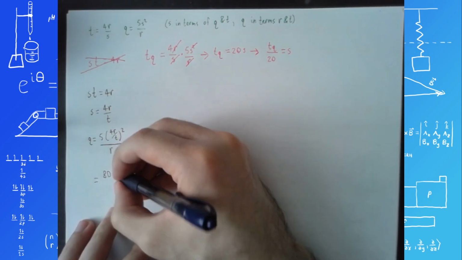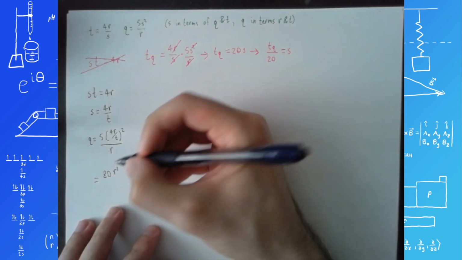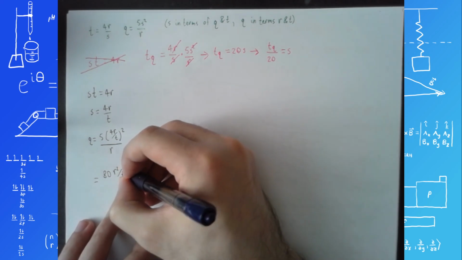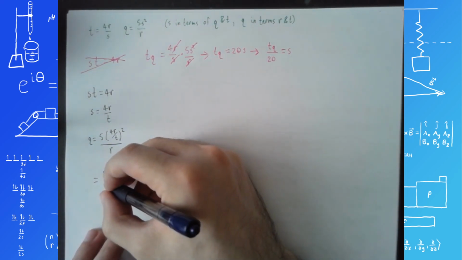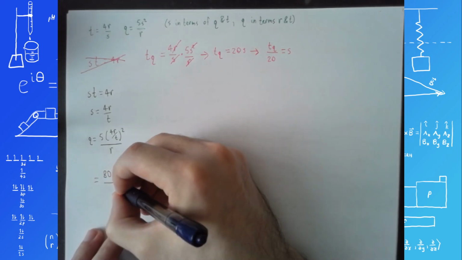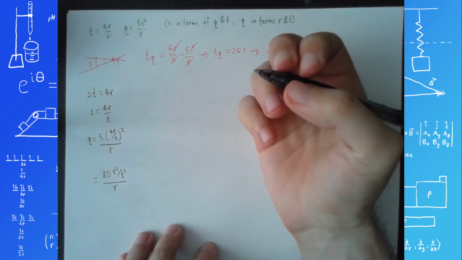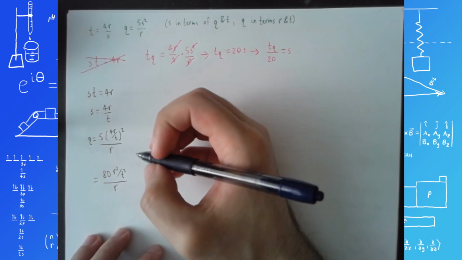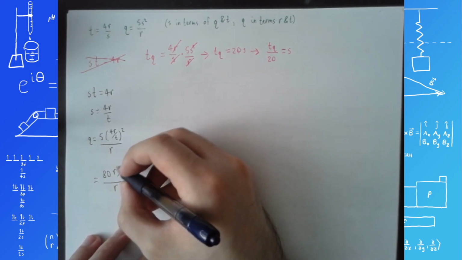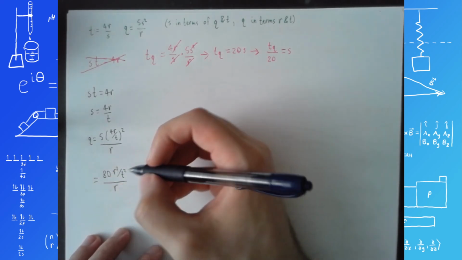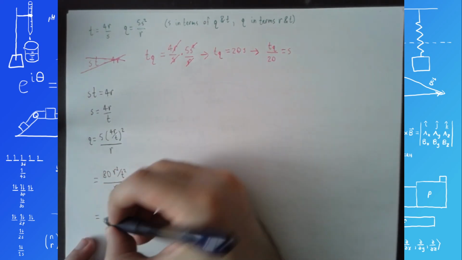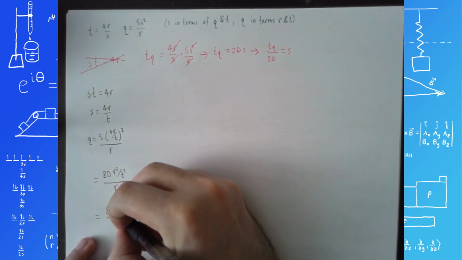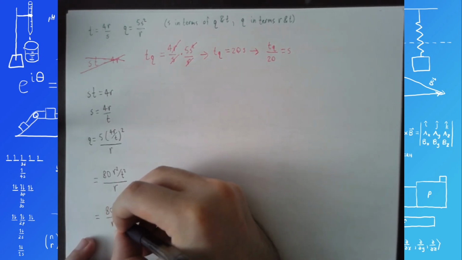And then R squared is R squared over T squared. And then all of that over R. And all that's going to do is just cancel 1 power of R there. Yeah, 80 R squared over T squared over R.